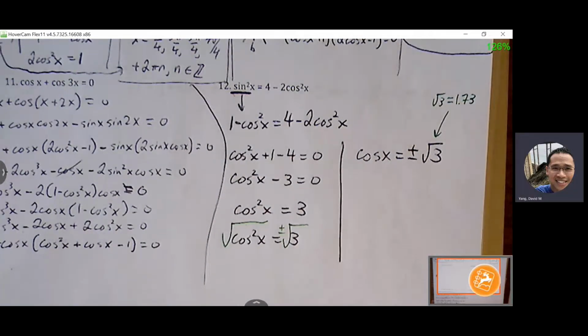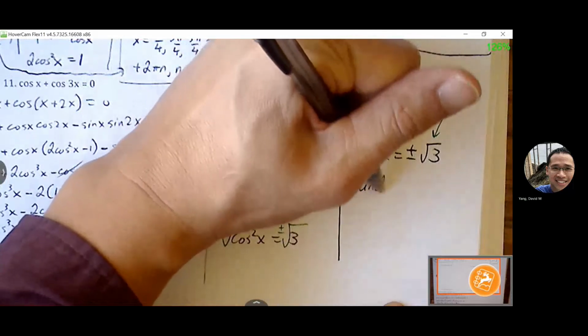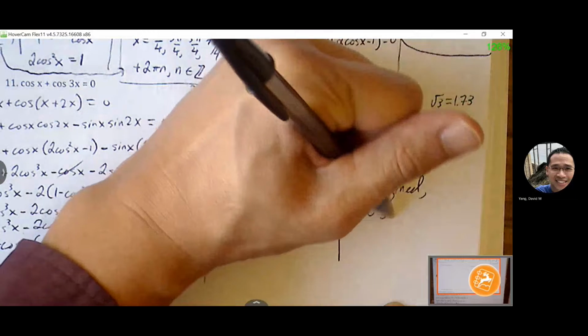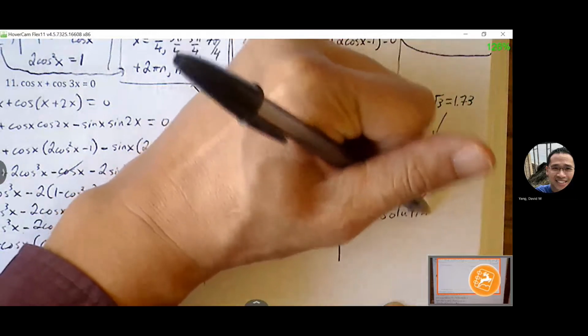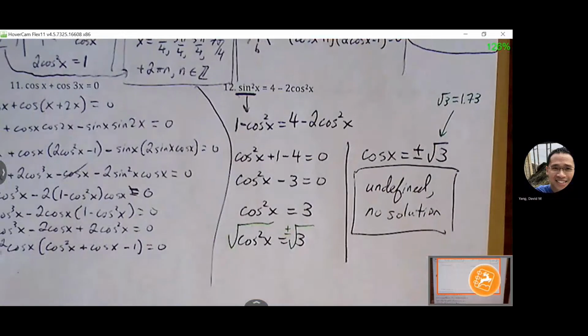It's going to be outside of our cosine curve and sine curve. Okay, let me check your 2 pages.